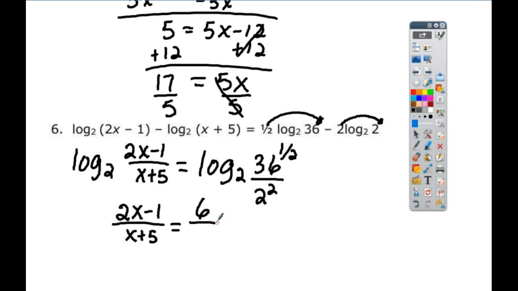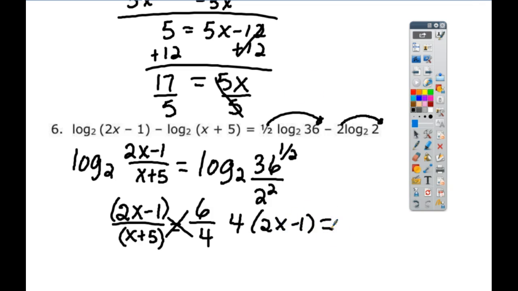And 2 squared is 4. So what do you think I'm going to do now to solve? I'm still going to cross multiply, right? So I'd go ahead and leave the parentheses here so you don't forget anything when you cross multiply. So I'm going to take 4 times 2x minus 1 and 6 times x plus 5.